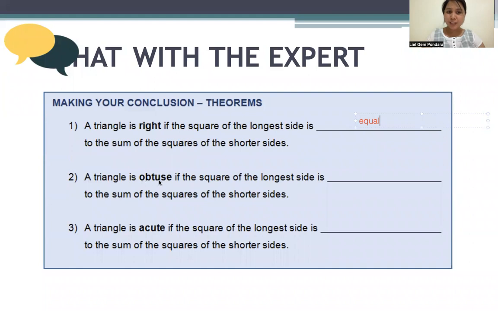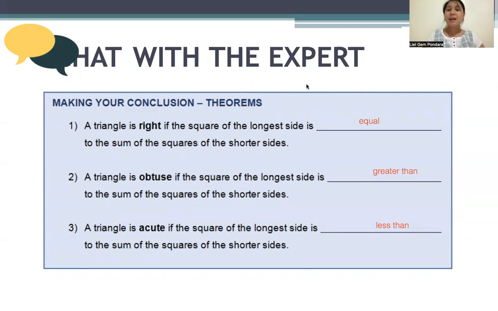A triangle is obtuse if the square of the longest side is greater than the sum of the squares of the shorter sides. And the last, a triangle is acute if the square of the longest side is less than the sum of the squares of the shorter sides.